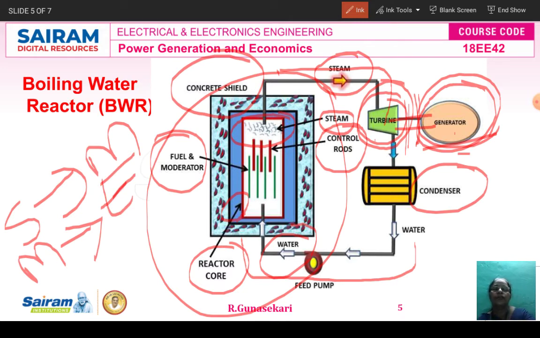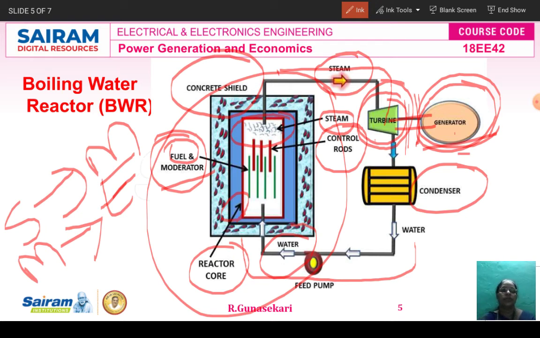Here, what fuel are we using in the boiling water reactor? Enriched uranium. What are the moderator and coolant? Water is used as moderator and coolant. And then this is the control rod.